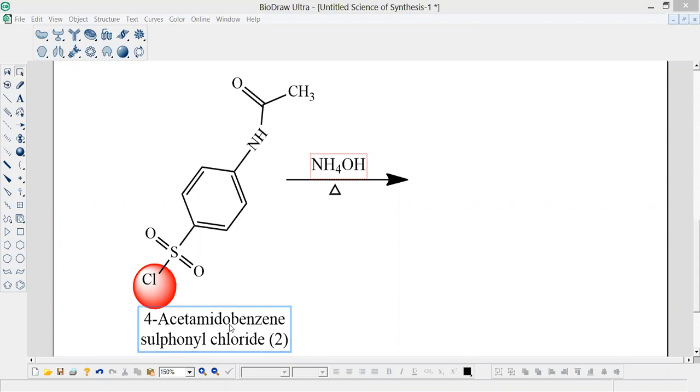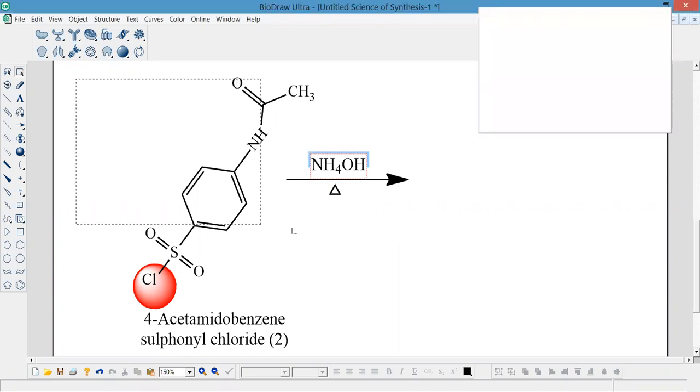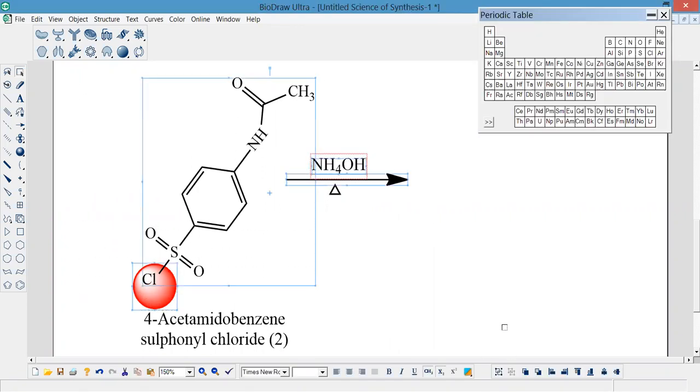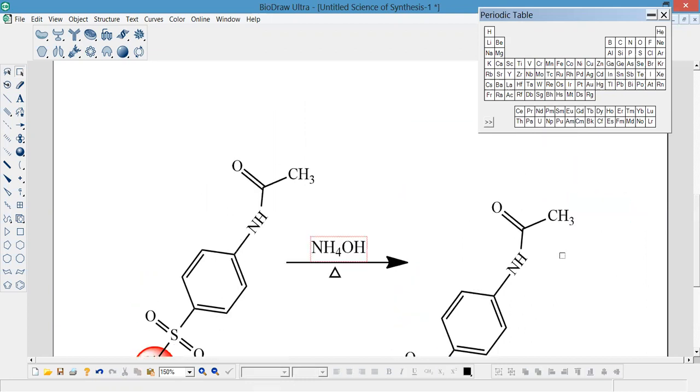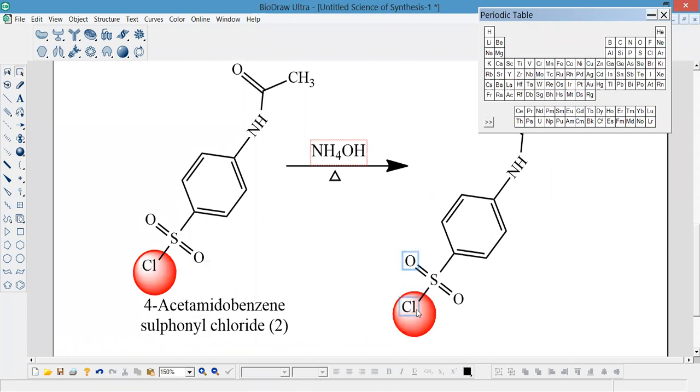When 4-acetamidobenzene sulfonyl chloride reacts with ammonium hydroxide, with the application of heat, and with the addition of a water molecule, there is addition of an amine group in place of the chlorine group, that is nucleophilic substitution.